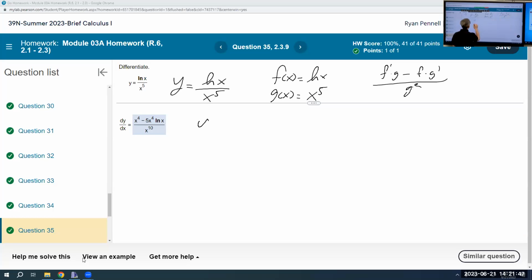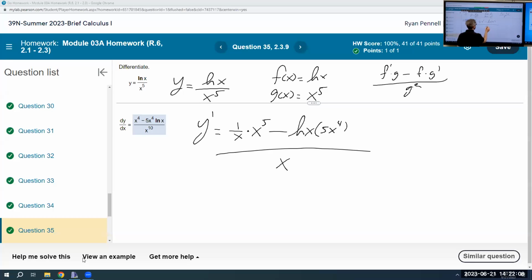So y prime is the derivative of ln x, 1 over x, times x to the 5th, minus ln x times the derivative of x to the 5th, which is 5x to the 4th, all over x to the 5th squared.